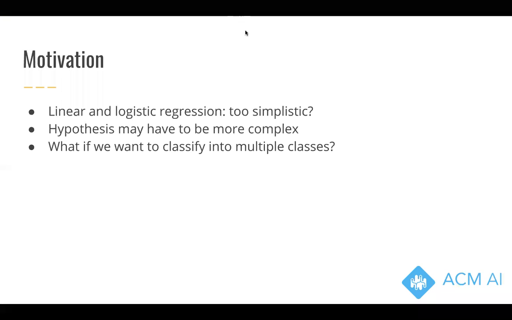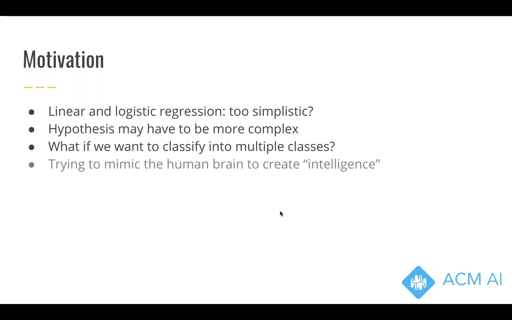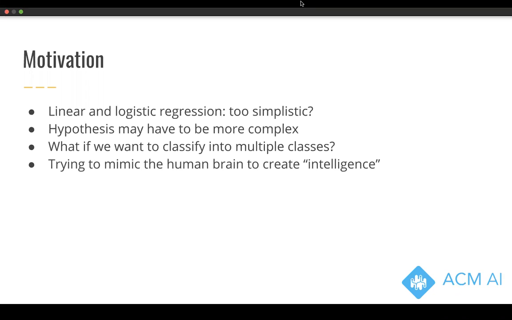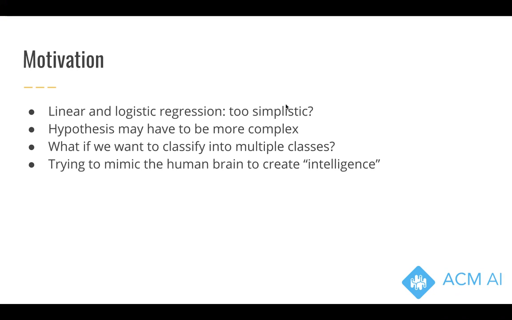If we have anything more complex, whether that's a polynomial function, like a quadratic or cubic function, or anything more complex than linear, then logistic and linear regression are just not going to be able to handle that, right? And oftentimes in the real world, we have very, very complex functions that we want to model. For example, companies like Citadel use neural networks, deep learning, to predict the best time to buy a stock.